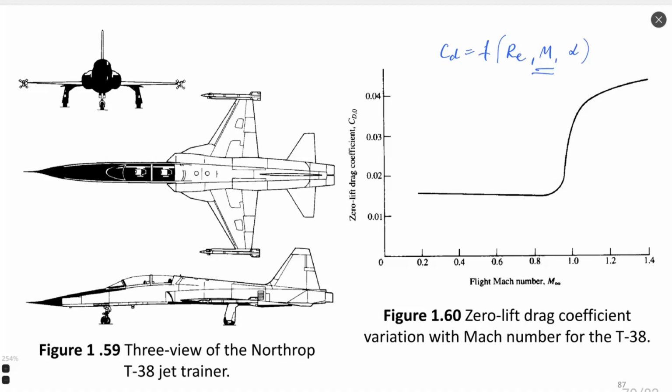This zone, not just for compressible flow, but more for the transition to transonic flow, starting from approximately 0.8 and finishing at 1.2, we see more than 2 times or almost 3 times change of drag coefficient at zero angle of attack. It's zero lift drag coefficient. It means the drag coefficient when lift is 0.